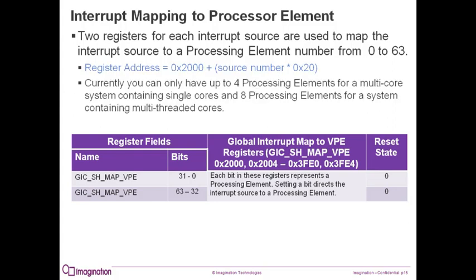On a multi-core system made up of single cores, we are currently supporting 4 cores, so only bits 0 through 3 of the first register in the pair can be used. On a multi-core system made up of multi-threaded cores, you can have 4 cores with 2 VPEs each. So in this case, you can have 8 processors.